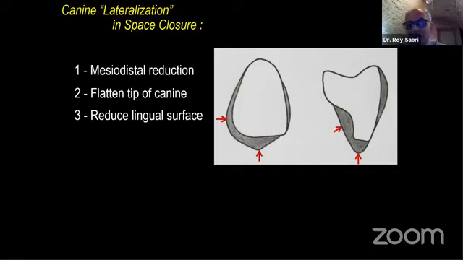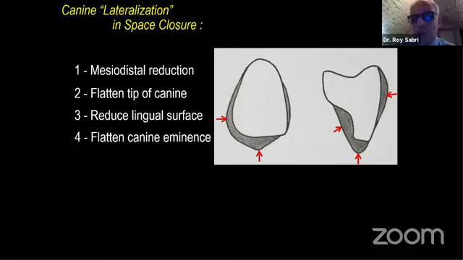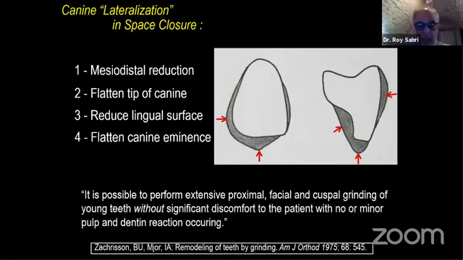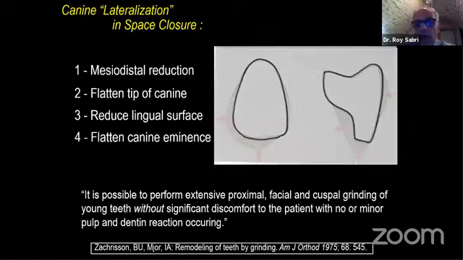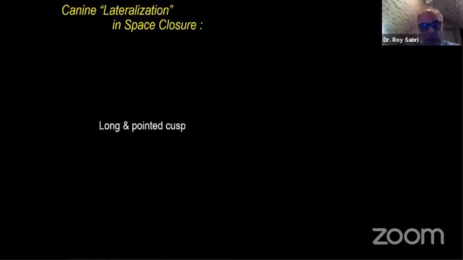So it's important, even if you can reach the dentin, you have to do that. Flatten the canine eminence, but you cannot here go too much because it makes them darker. Zachrisson did an old study where he showed that it's possible to do extensive grinding without a problem. So our canine is going to look like a lateral.